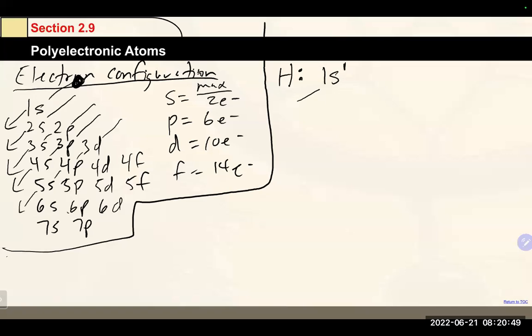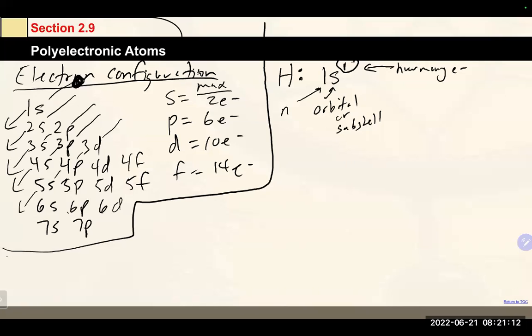The first number here is the principal quantum number, the n. It tells us the energy level it's on. That is the orbital, our subshell that the electron is in. This is how many electrons are in there.